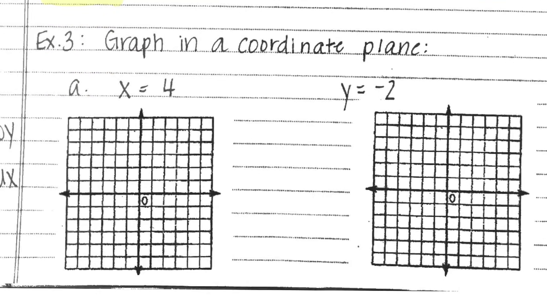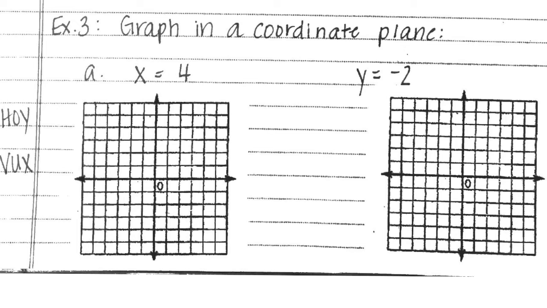All right, some things that we need to know. I made up this funny thing, or somebody made it up years ago, and it's called Hoy and Vux. I used to not teach it, but I actually think I like it. Hoy means horizontal, and the O means 0, and it means the y-axis.